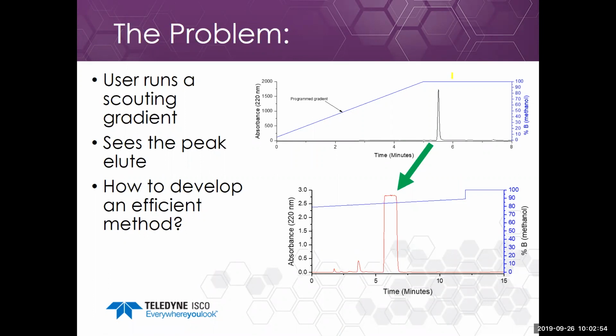And with that, it doesn't show up. It doesn't come out at 100% B, obviously. So the question is, when does it come out? And you can see from the prep run, it really comes out at about 85% B solvent rather than 100%.